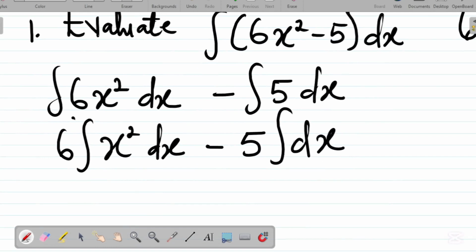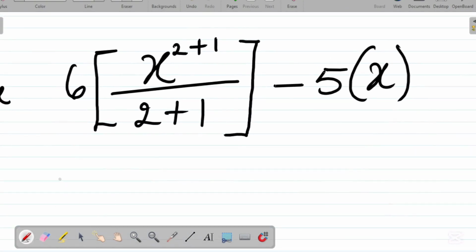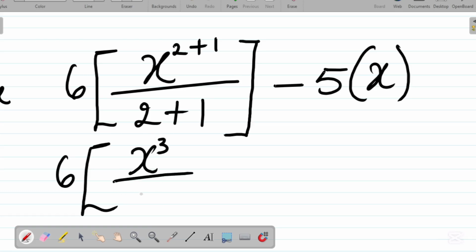At this point, integral sign cancels differentiation. Why? Because integration is the inverse of differentiation. So we are only left with x, and 5 multiplied by x is 5x. So here we have x raised to power 2 plus 1 is x raised to power 3 all over 3, minus 5x.